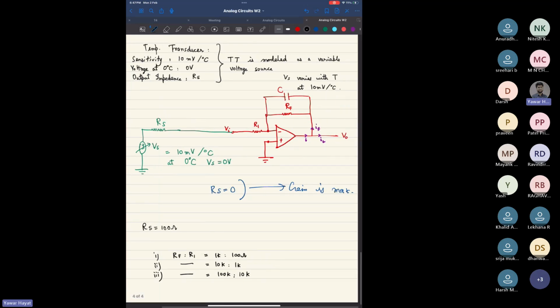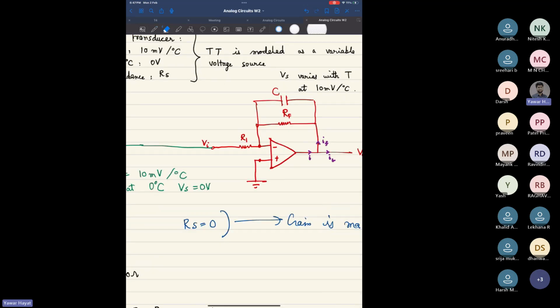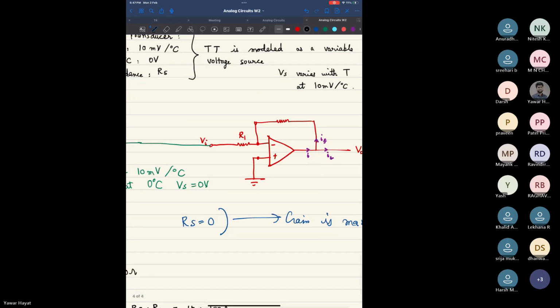In fact, for question 2, there was no capacitor, right? I don't need this. RF.